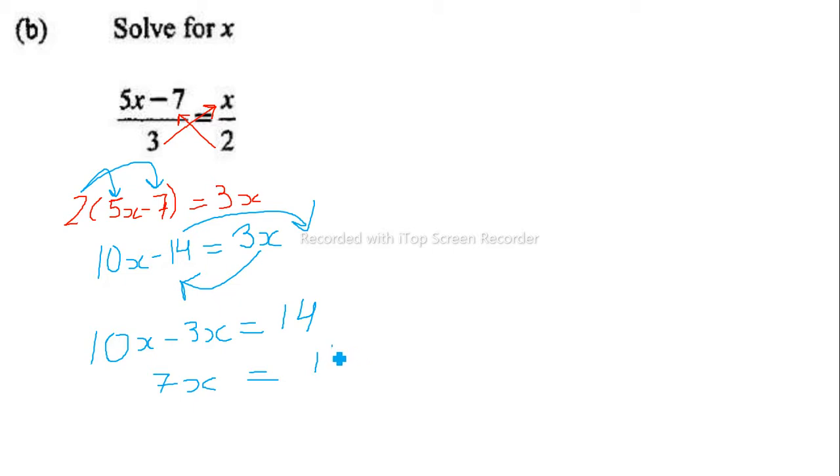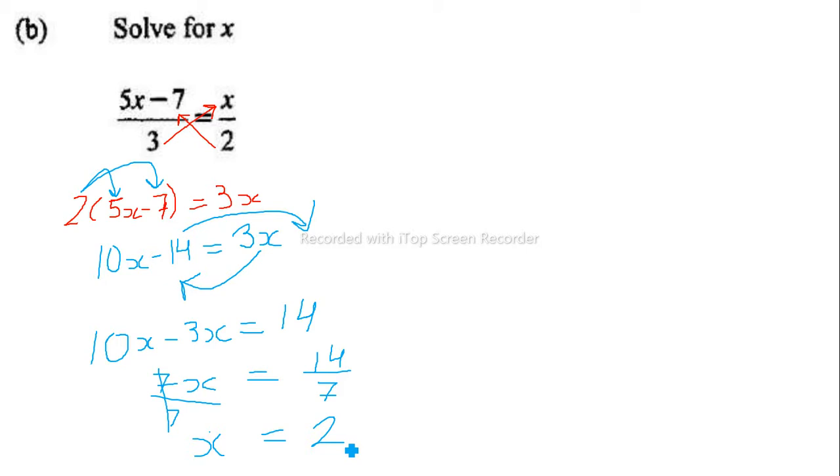Then we divide both sides by 7. So x is equal to 14 divided by 7, which is what? x equals 2.